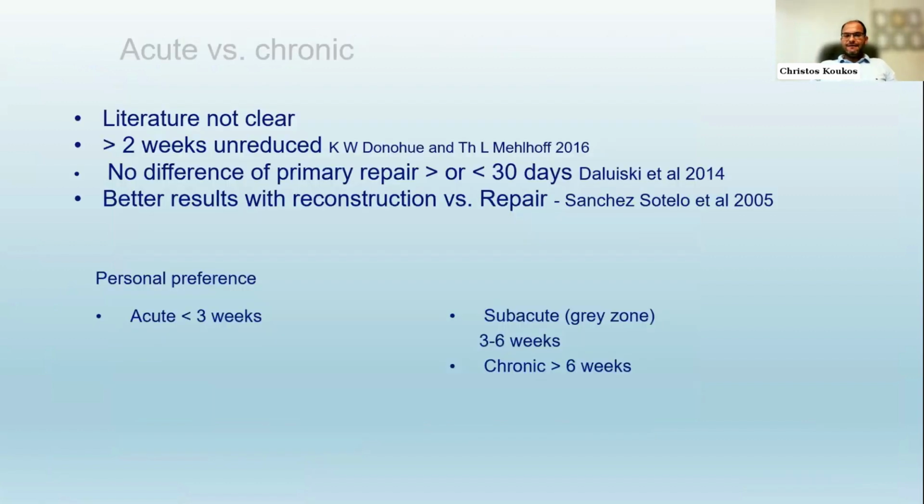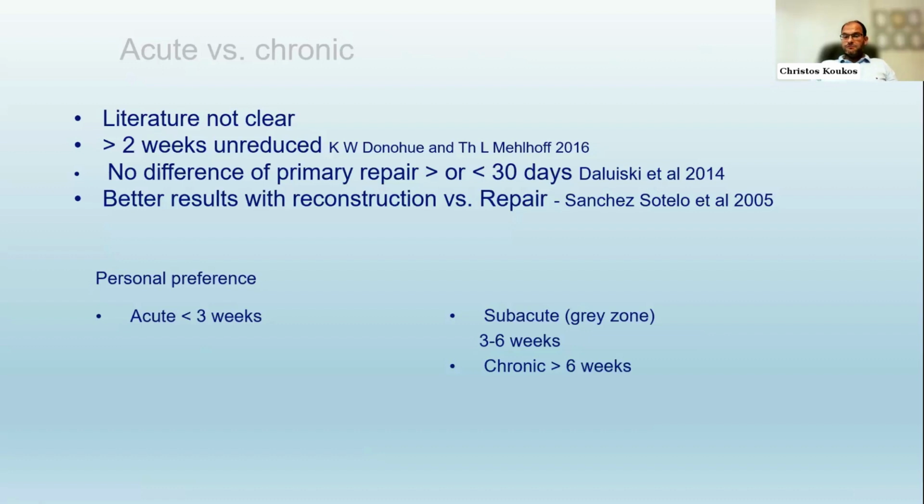Last but not least, we can divide the elbow dislocation into acute and chronic. The literature here is not clear. According to Donoghue and Malhoff in 2016, they defined chronic elbow dislocation as one that hasn't been reduced for more than 2 weeks.